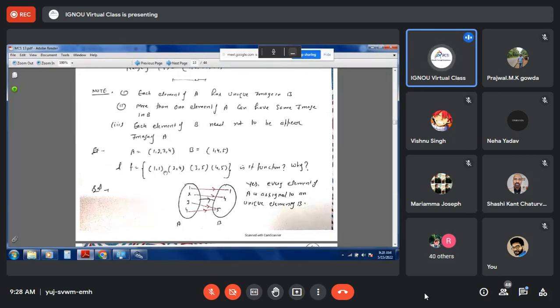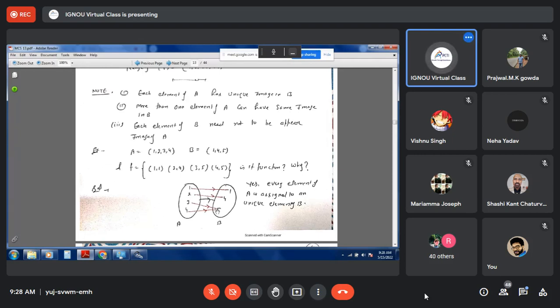Draw the arrow diagram: 1 to 1, 2 to 4, 3 to 5, 4 to 5. In this arrow diagram, you see a different picture than we were just discussing. What do we see? 3 and 4 are assigned to the single element 5.